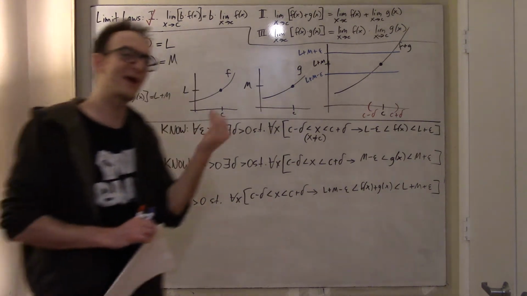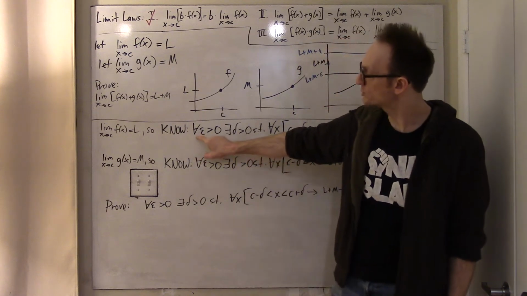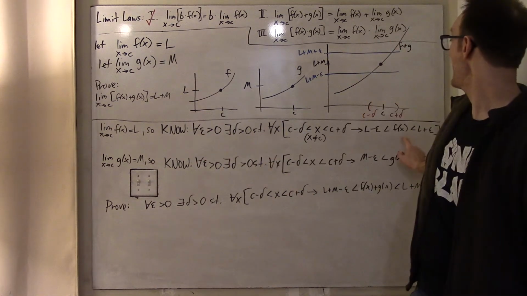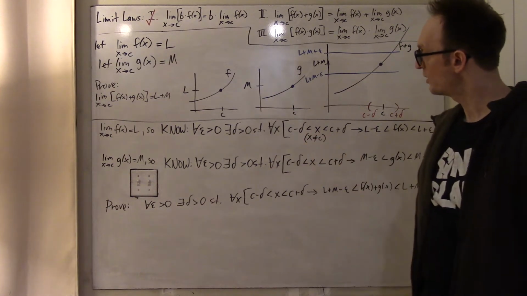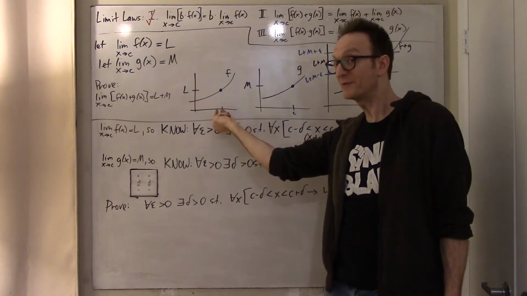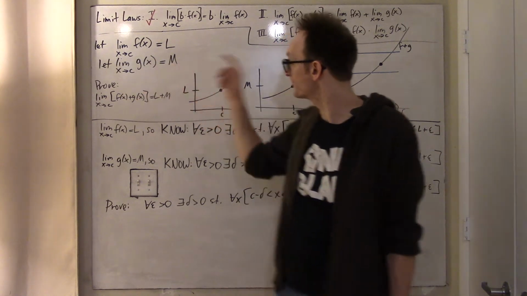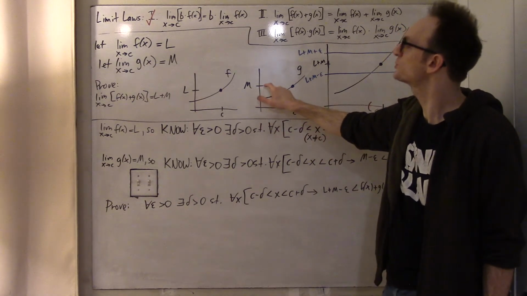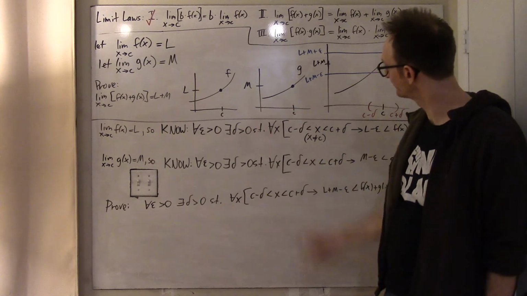So I already know that no matter how close you would like me to be to L, I can get that close by just getting sufficiently close to C. No matter what challenge you give me, I can get really close to C and meet that challenge. And I also know that the limit as x approaches C of g is m. So for this g function, no matter how close you want me to be to m, I can get close enough to C so that that's true.